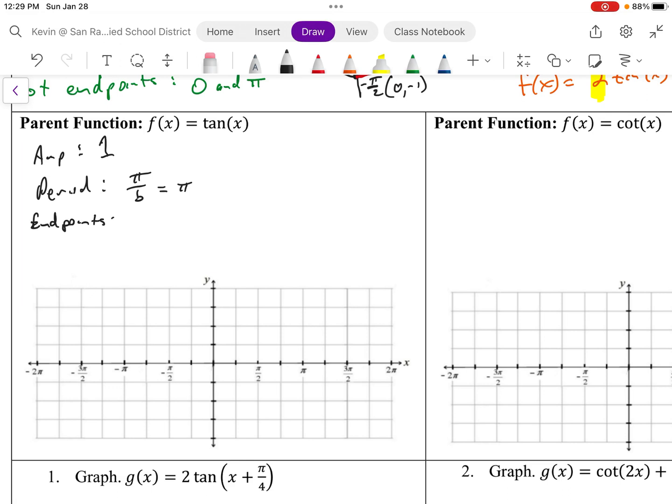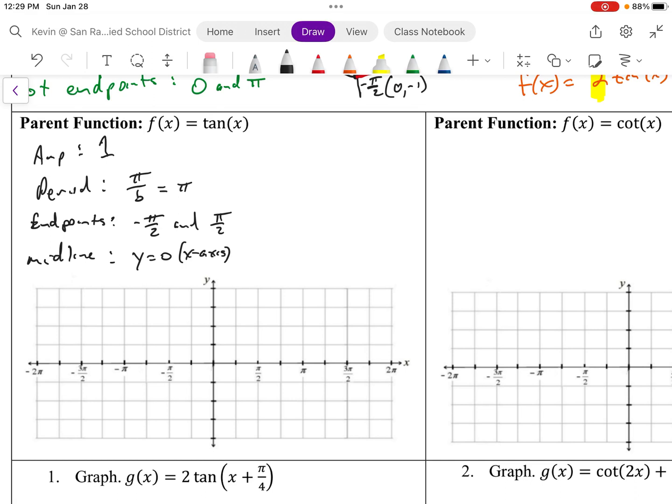The endpoints are going to be negative pi over 2 and pi over 2. We do have the midline to think about. And in this case, the midline is y equals 0, the x-axis.